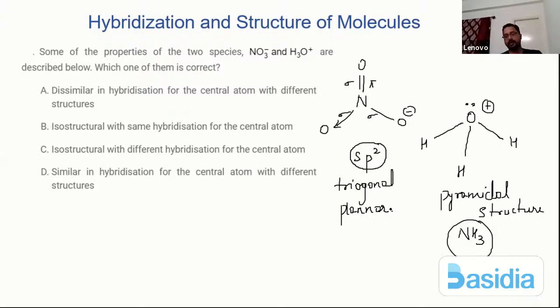So what do I understand now? Hybridization is definitely different, because in NO3 minus it is sp2, and in H3O plus it is sp3. It is not just the hybridization that is different, even the structure is different. In NO3 minus, it is trigonal planar, and in H3O plus, it is pyramidal.